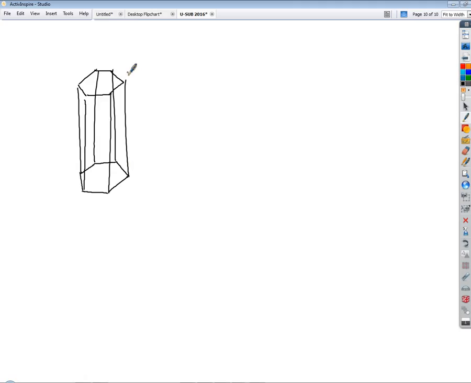That is a beautiful painting. Well, it's not so great, but there's my hexagonal prism, right? So would you agree that these are the bases down here? Those have to be the bases.